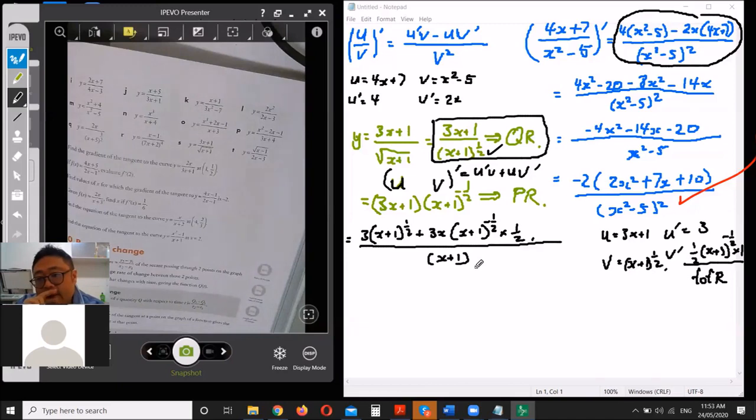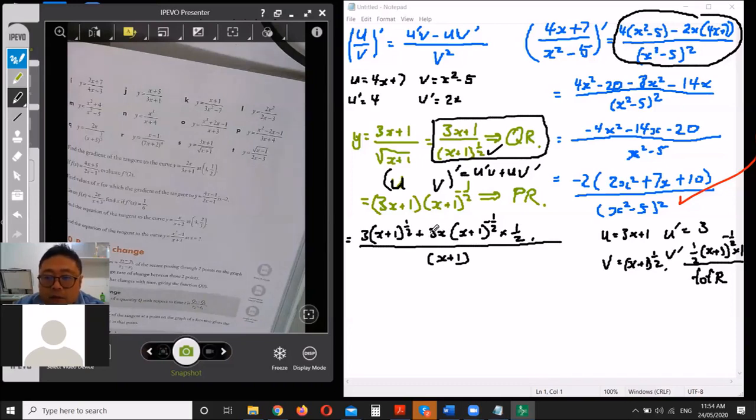Because it'll be 3x plus 1 and then times a half and then times x plus 1 to the minus a half. Oh, wait, no, never mind. But I thought it was 3x plus 1, not just 3x. Why would it be 3x? Oh, sorry, 3x plus 1. Yes, sorry.